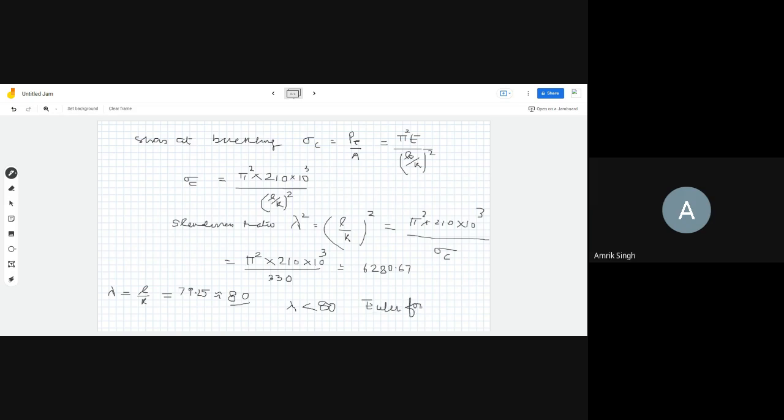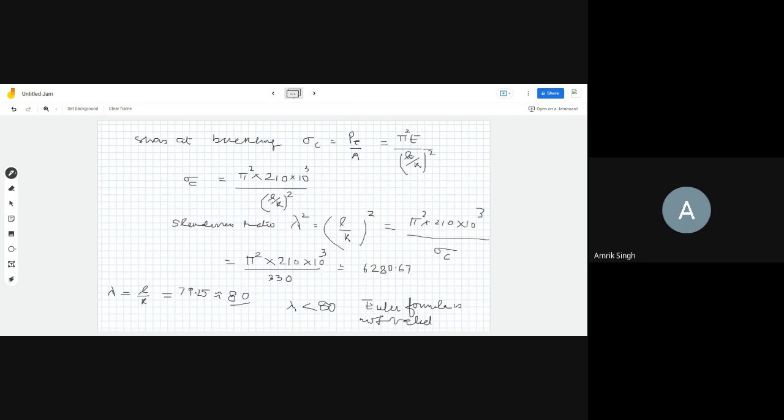Euler formula is not valid. That means it is valid for the slenderness ratio which is greater than 80.